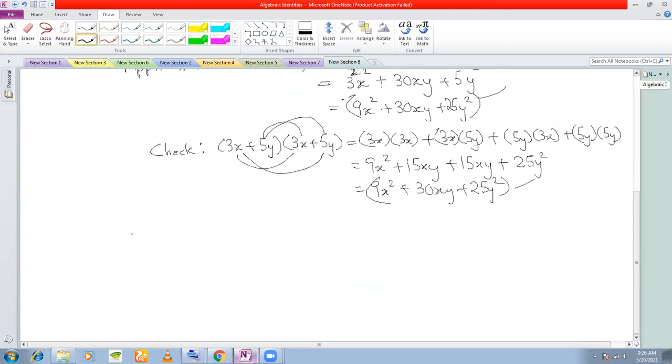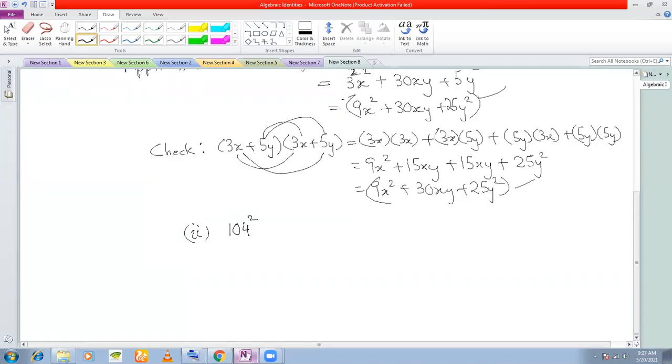Let us see a second application. So application number 1, application number 2. Suppose I want to find out 104 square. How do I find out?